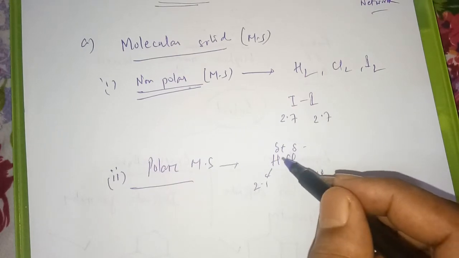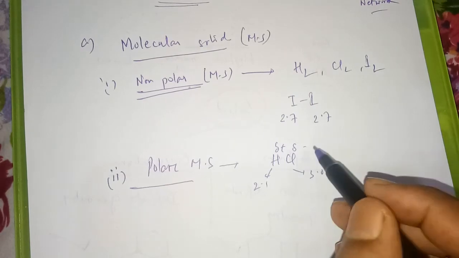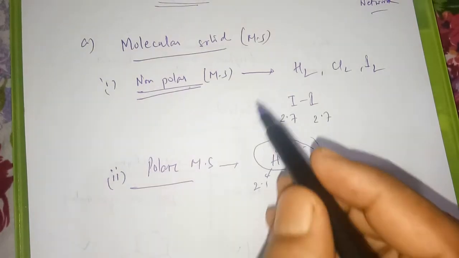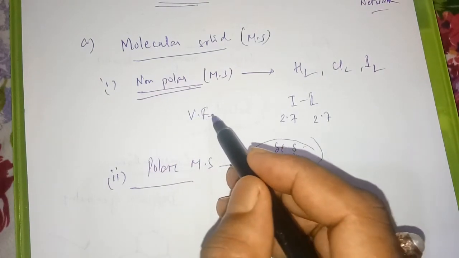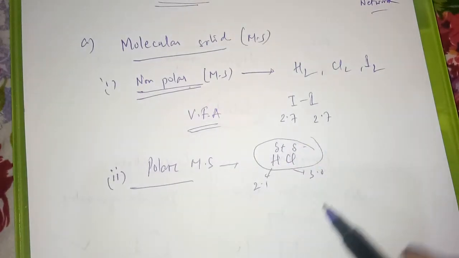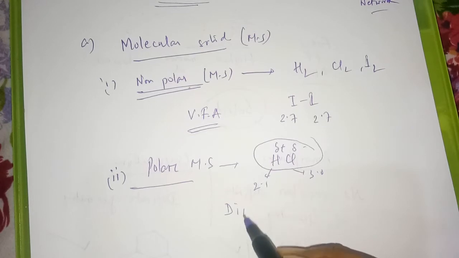So Cl will take more electron towards it, so it is negative and this is positive. So if these things become polar, it is a polar molecular solid. In non-polar, the van der Waals force of attraction, or London force, you can tell that, is applicable, and in this one it is dipole interaction.